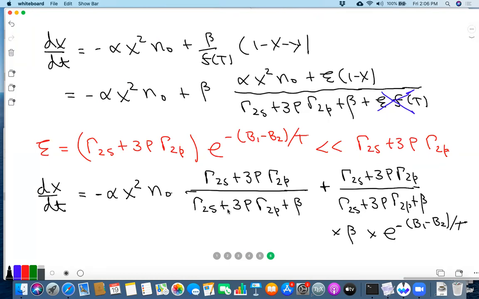Is this clear? Right, so I just combined the alpha x squared n naught terms from between these two, and then this one I wrote by substituting for e.